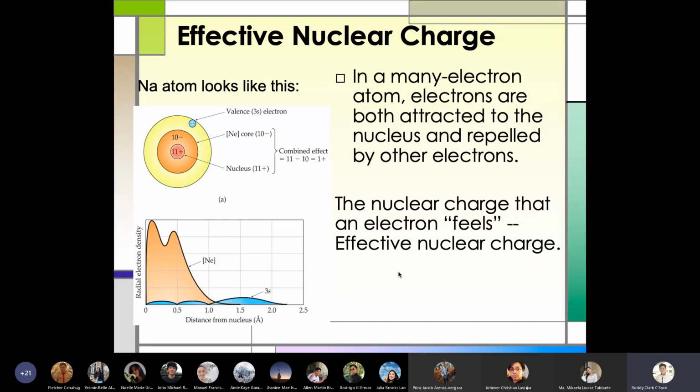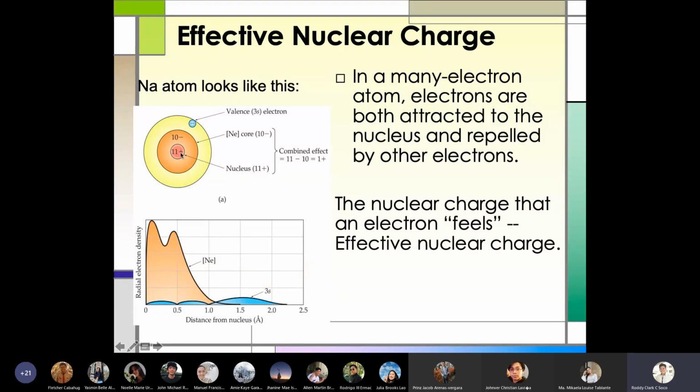So, effective nuclear charge. In layman's terms, the effective nuclear charge is just the force of attraction that an electron feels from the nucleus. Take note that the nucleus of an atom is positively charged. For example, you have sodium. Sodium has 11 protons.